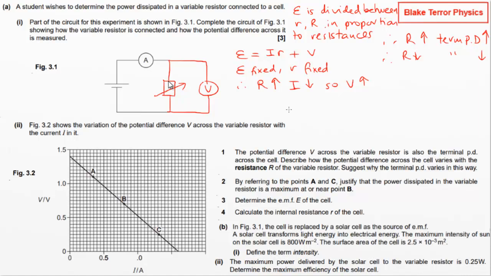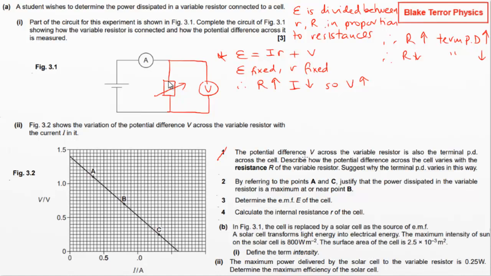That might be a safer way of doing it. You increase the resistance in the circuit, the current drops, and for fixed E and r and a drop in I, V must go up. So our terminal PD must increase with resistance. So two different ways of answering that one. And it's filled up pretty much all the space I've got on this, which is annoying.